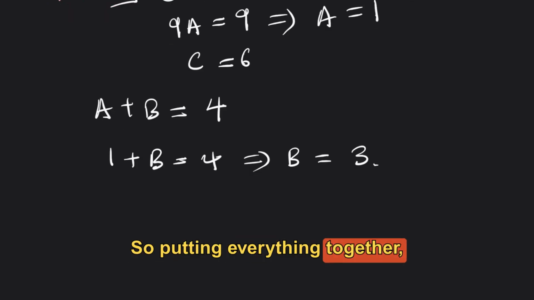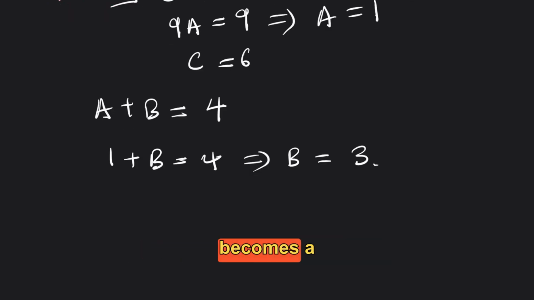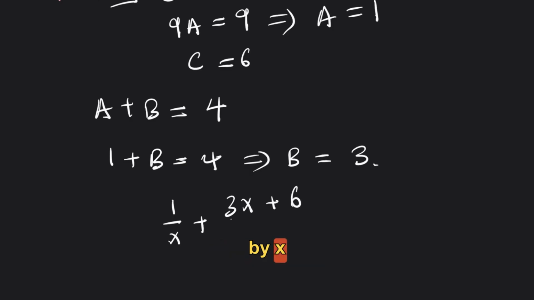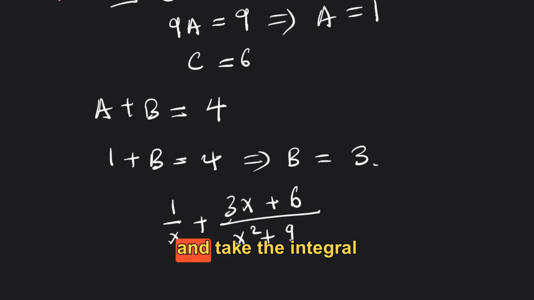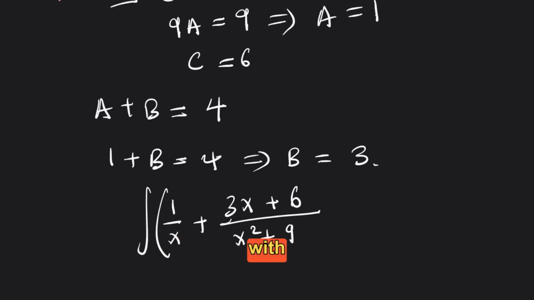So putting everything together, the partial decomposition becomes A is 1, that is 1 divided by x, then plus B is 3, that is 3x, plus C is 6, divided by x squared plus 9. Then we can go ahead and take the integral with respect to x.